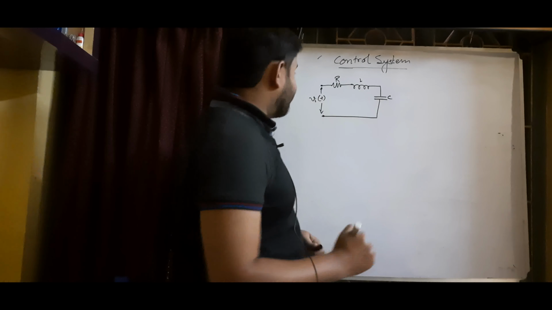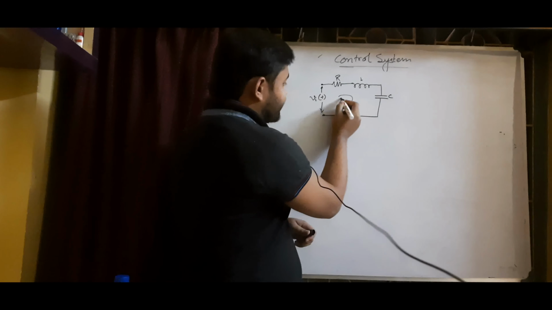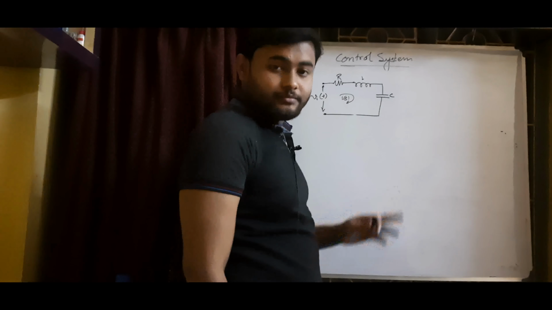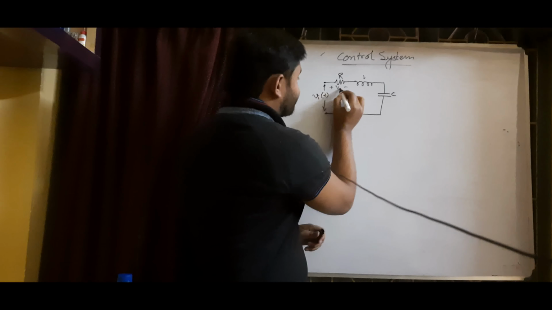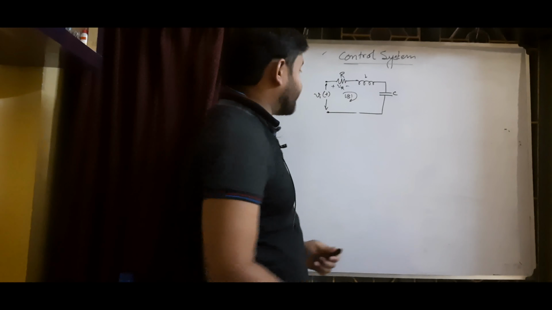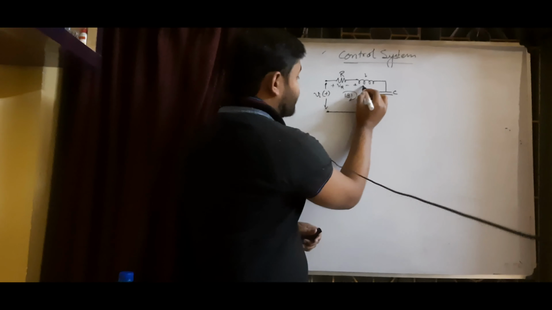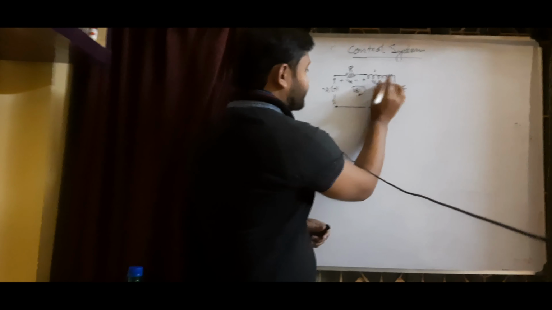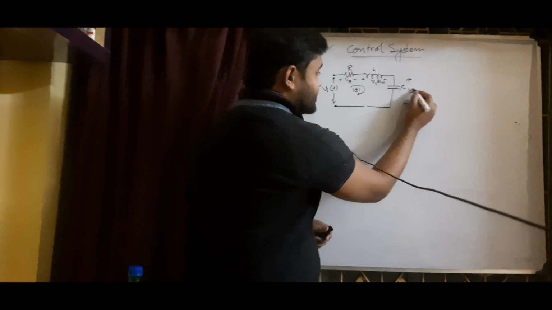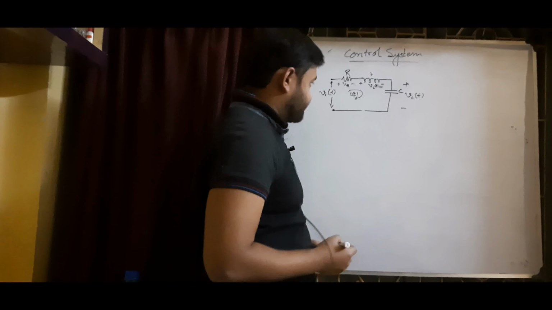That means the current i(t) can be the output variable, the voltage v_R(t) can be the output variable, the voltage v_L(t) can be the output variable, sorry, the voltage v_C(t) can be the output variable.